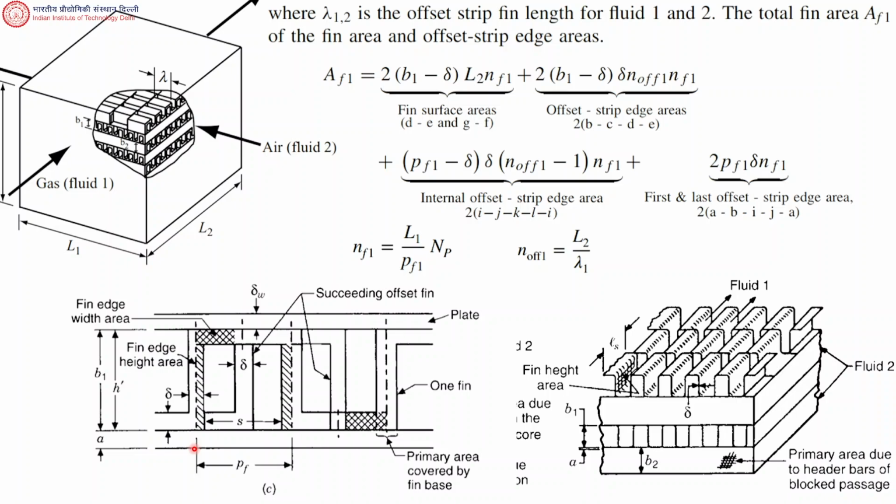Now, what is the area of that vertical strip? What's the height of the vertical strip? B1 minus delta. So B1 minus delta is the height. What is the thickness? No, that's a thin strip, the fin edge height area.